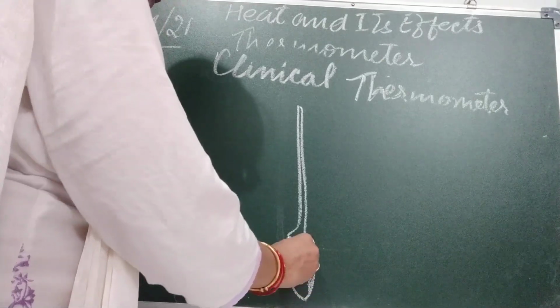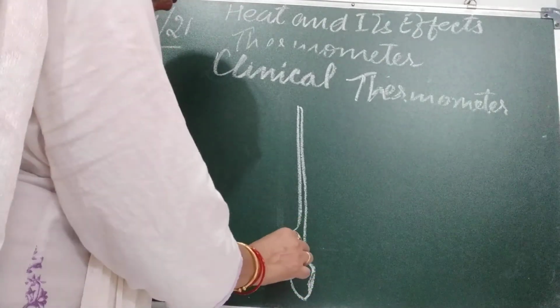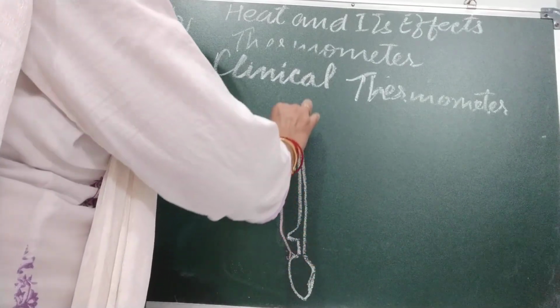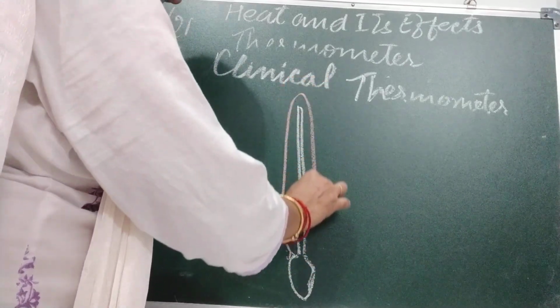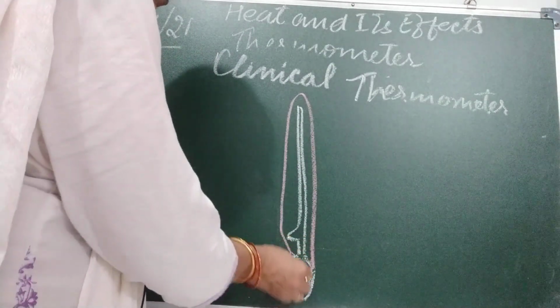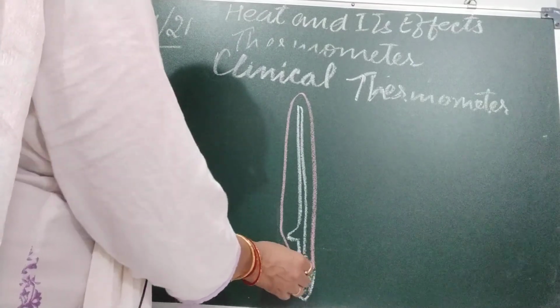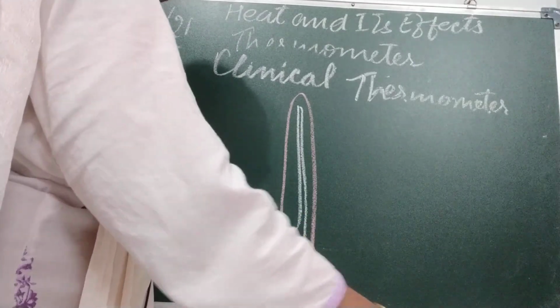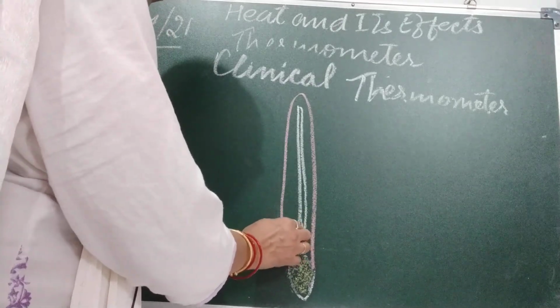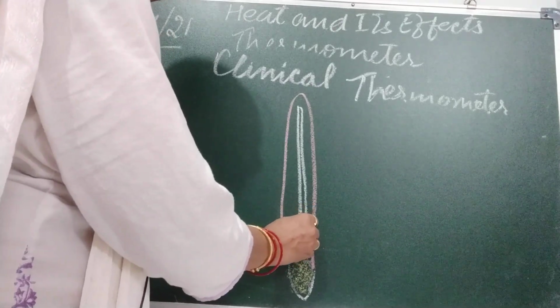This is the bulb and this is the outer case of the thermometer. Now it is filled with mercury. We are going to put it in the mouth.